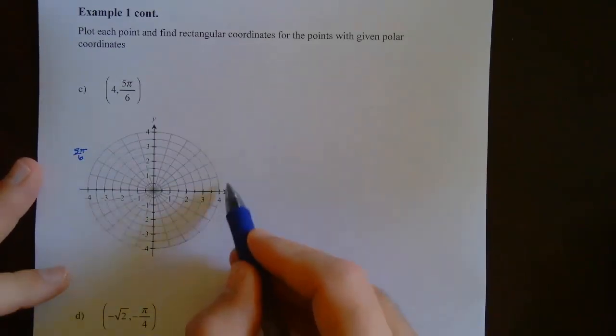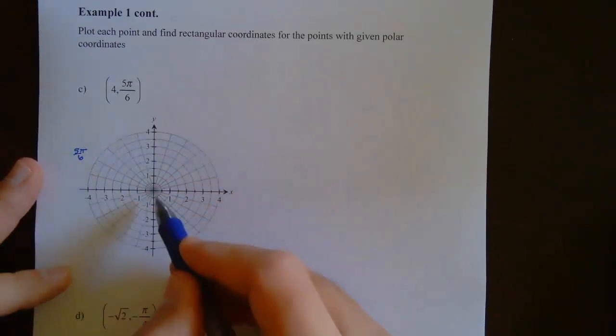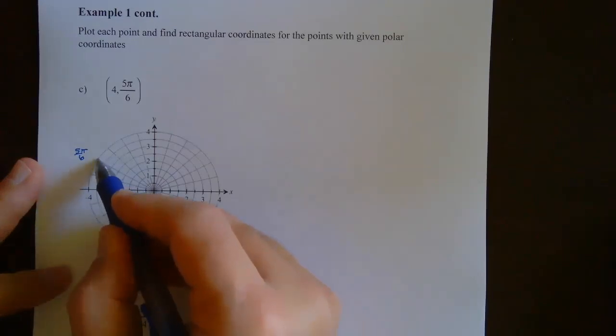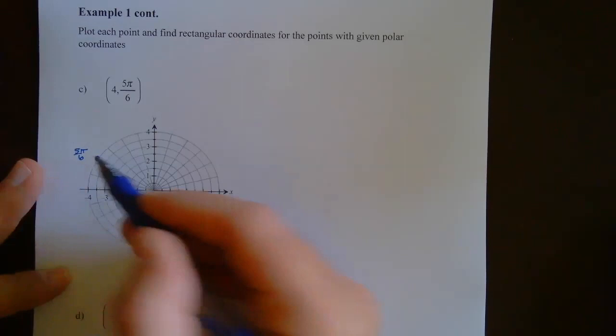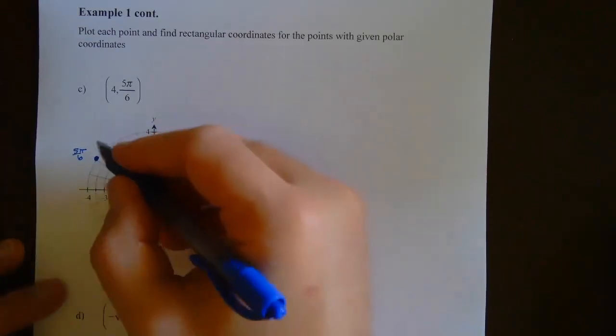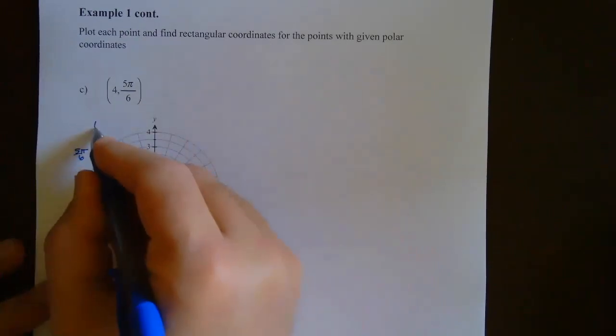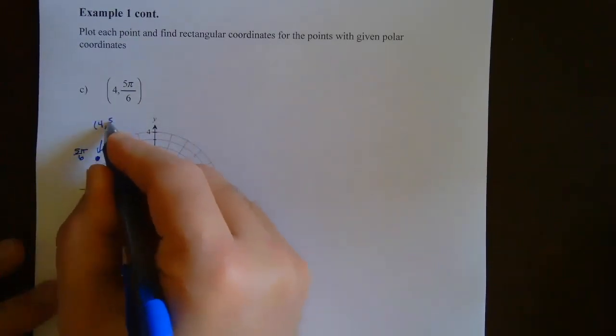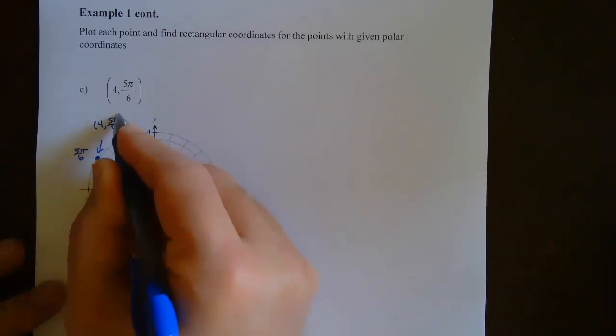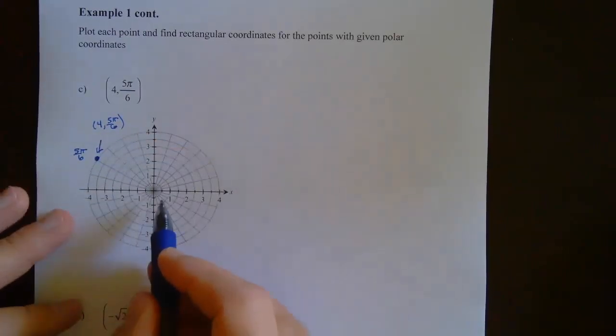We're going to rotate to that angle 5 pi over 6, and go out a radius of 4. That would put me right here. So this point right here is the point 4 comma 5 pi over 6. Well, what's the x and the y?